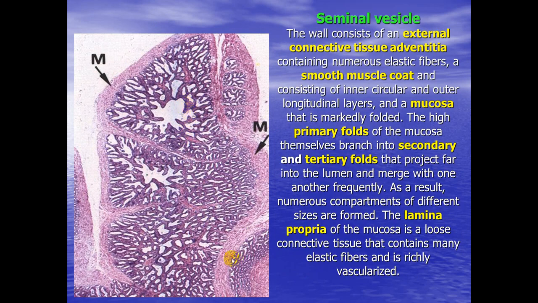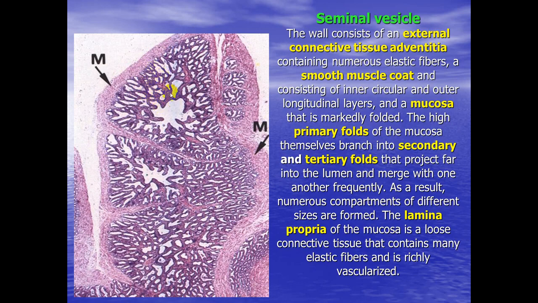This picture shows you the seminal vesicle, which is really like the ductus deferens. It consists of external connective tissue, the adventitia, with a lot of elastic fibers, a smooth muscle coat, and a mucous layer. And you can see that the mucous layer forms very numerous long branched folds.